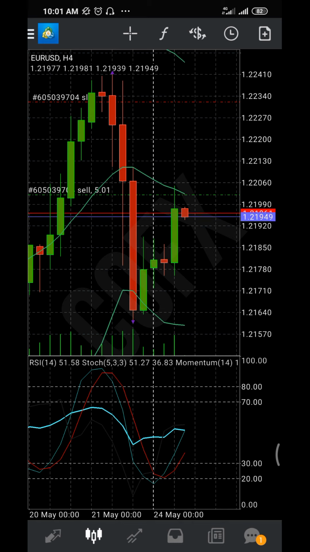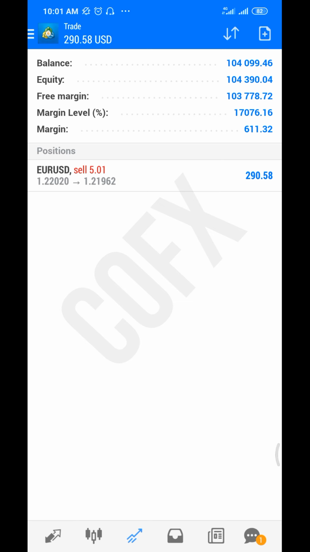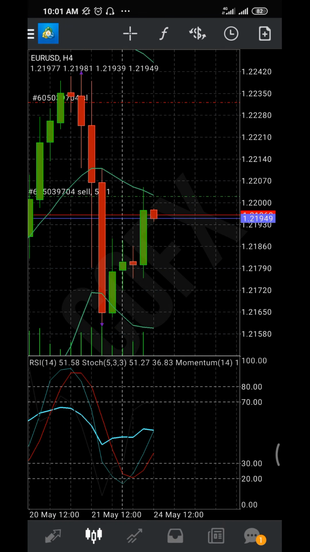Okay, so let's start with the stop loss. If I want to place a trade now, and I know that I want to risk only 1% of this account, 1% of 100k is $1,000. I want to risk $1,000.